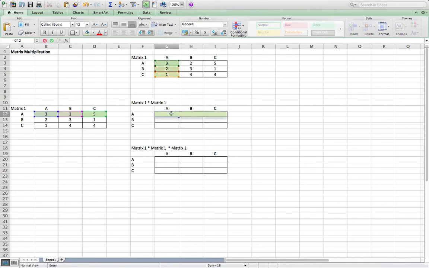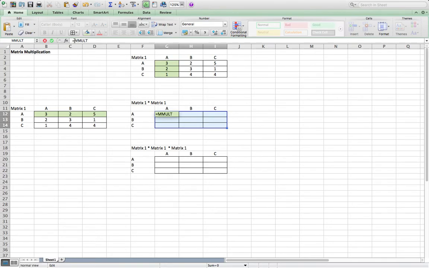So here's another way we can do this to make this a lot easier. I could do the entire matrix by using what's called the matrix multiplication function. If I highlight, so I'm holding the shift button and using the cursor to highlight my entire matrix, then I go to the formula bar and go equals, I can use the formula MMULT, matrix multiplication.